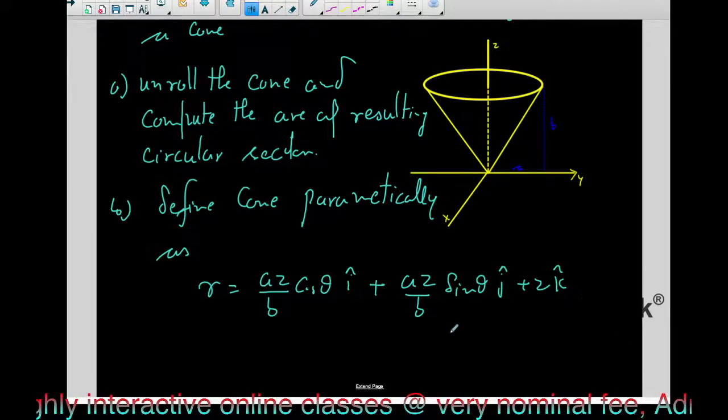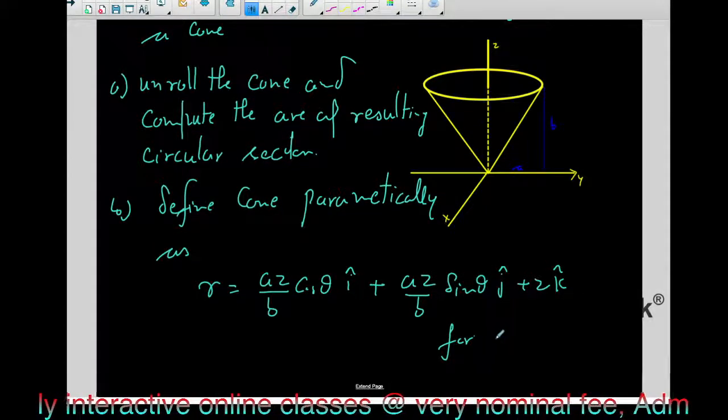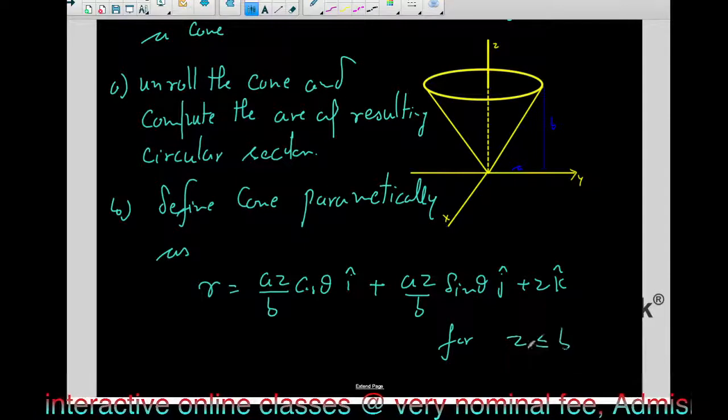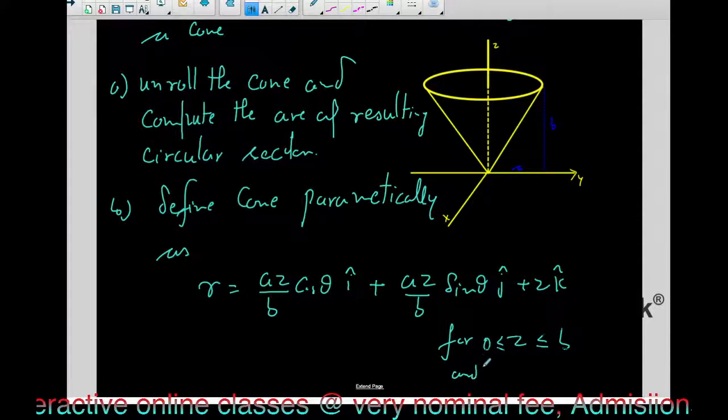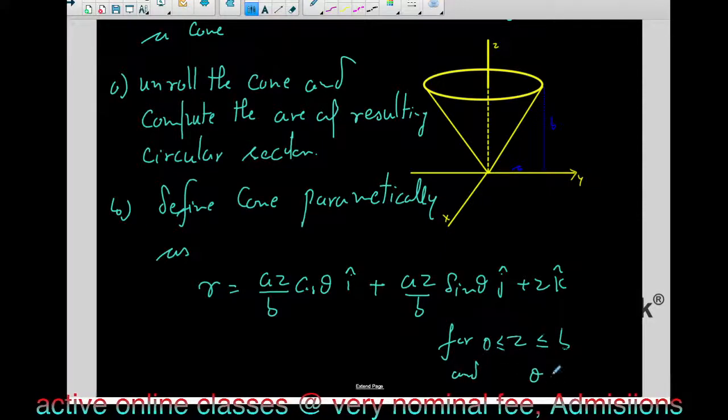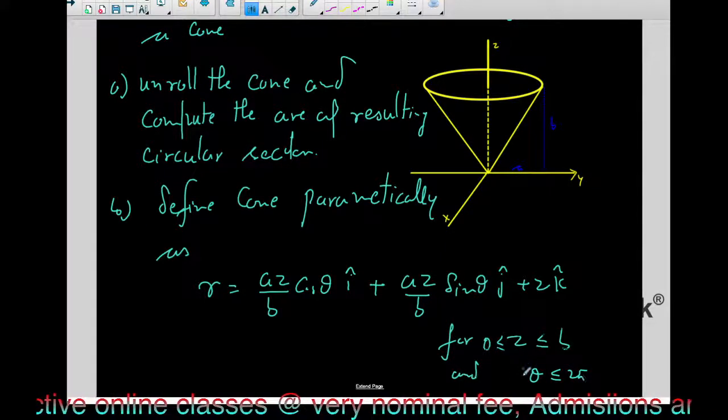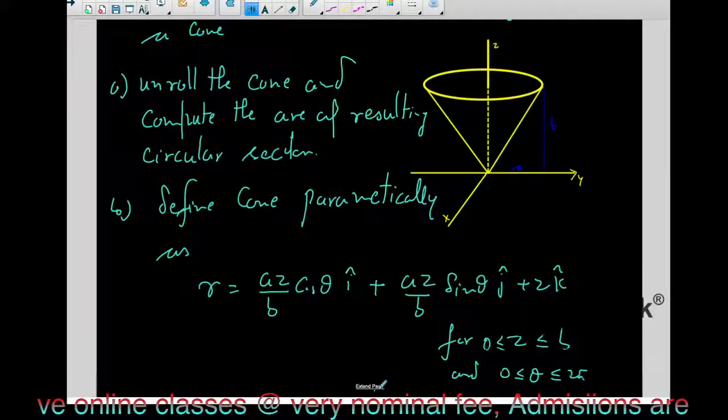And here z lies between b and 0, and theta lies between 2 pi and 0. Is this alright?